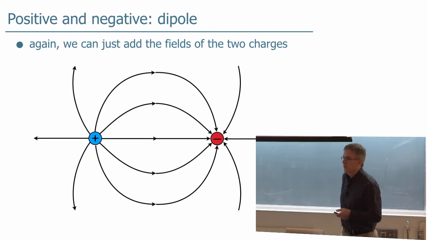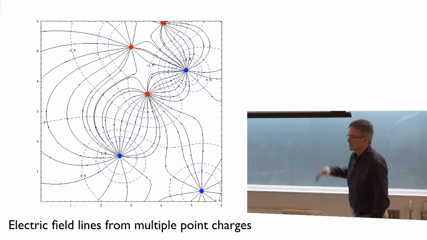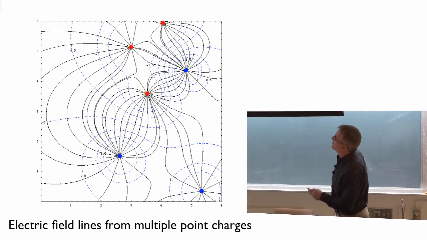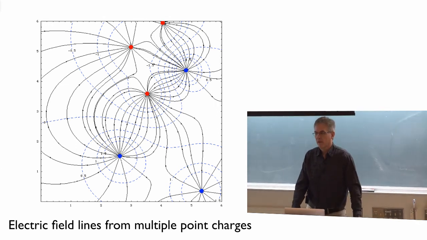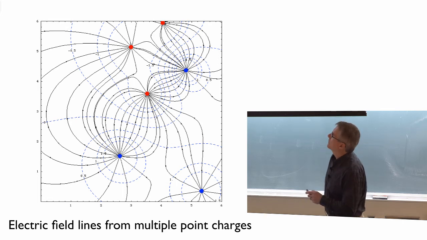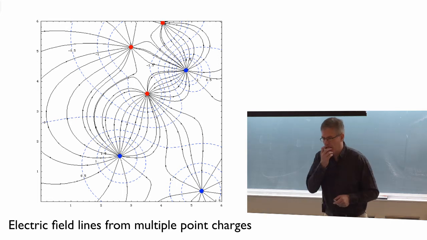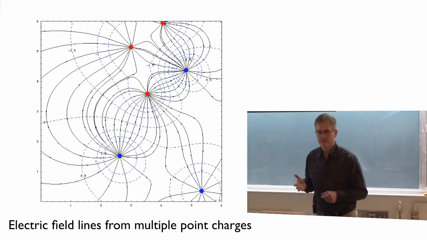And we're going to show much more complicated distributions of charges, starting with this one. This is just some sort of random assemblage of positive charges in blue and negative charges in red. And it's pretty easy to write a computer program to show the electric field lines here. We draw them as field lines. It's a good way to represent electric fields.